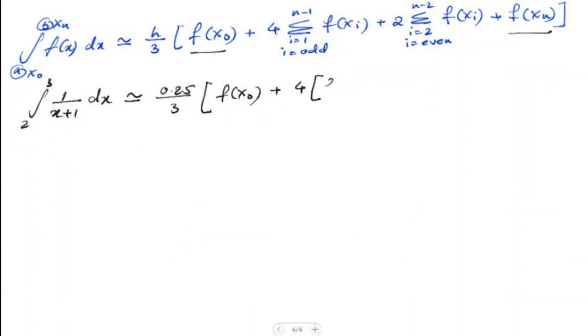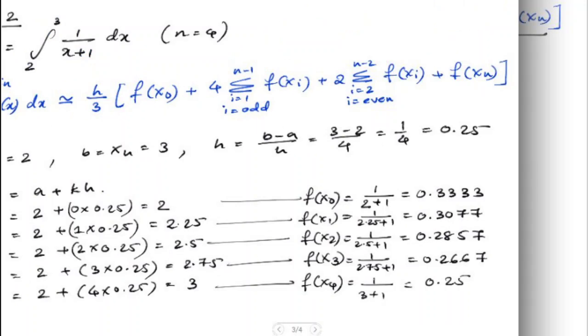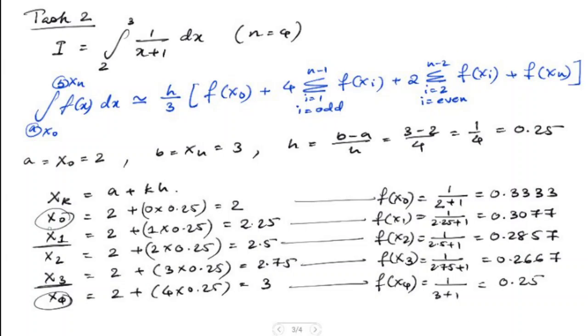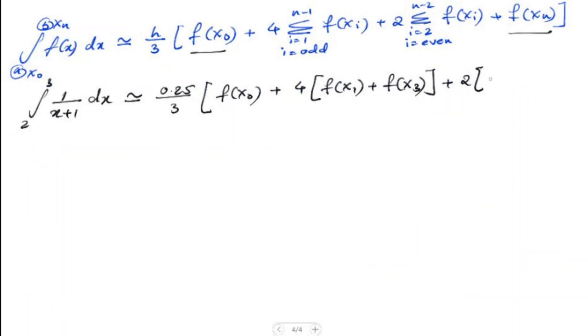So we have f of x1 plus f of x3, plus 2 times all the x values which are even. Again, leaving x0 and x4, the only even is x2, so we'll only take f of x2, plus the last one, that is f of xn.